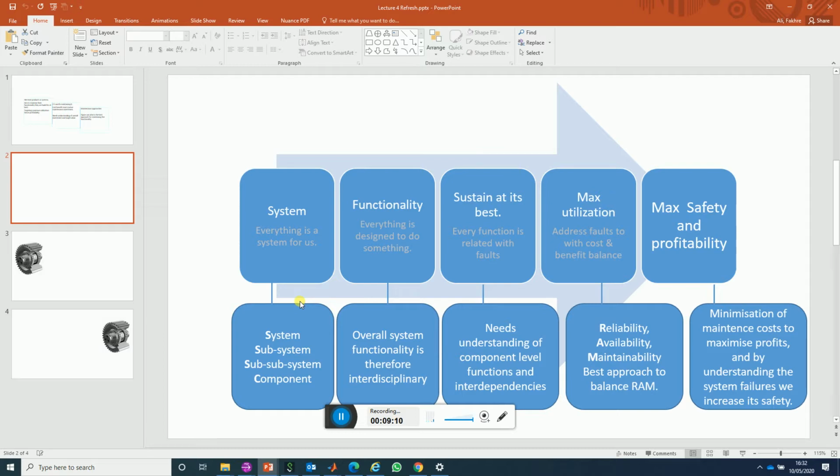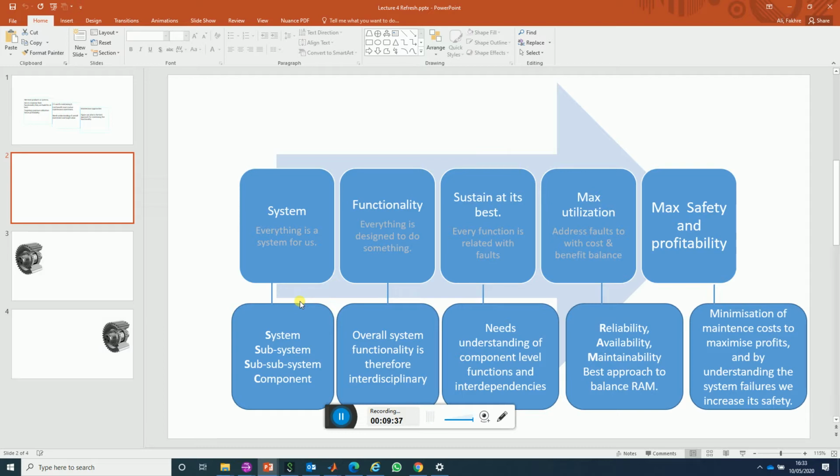Okay, so what I'm trying to say is we have to have, as engineers, a systematic understanding of the system we deal with. Okay, and we have to really understand fault modes related with each subsystem, and then each subsystem's subsystem, and each component.